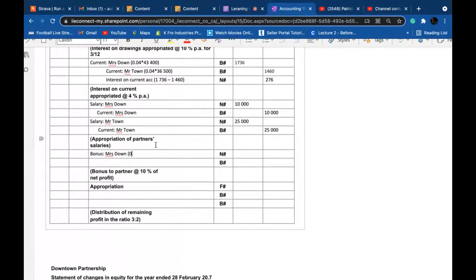10%, so let's calculate there, 10% of the profit, which is 350, 210. So 35,021.